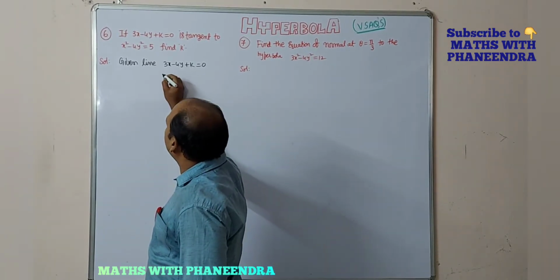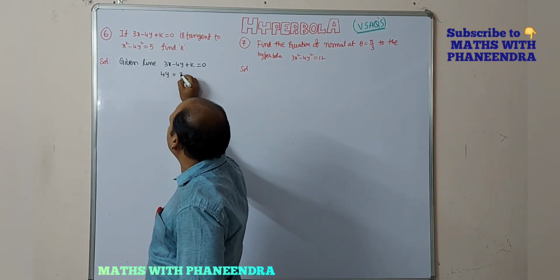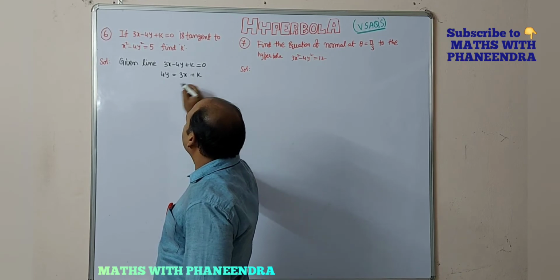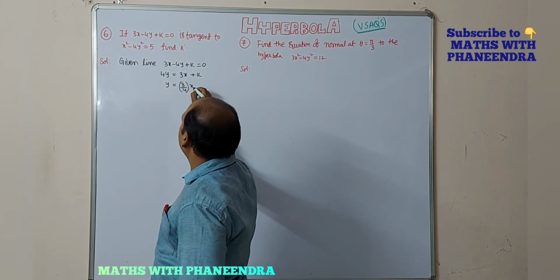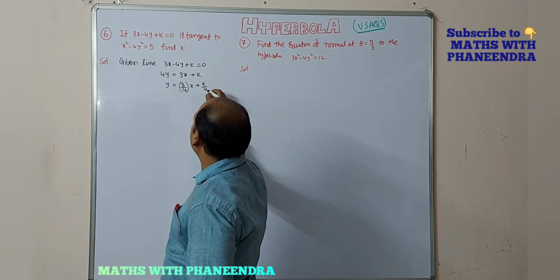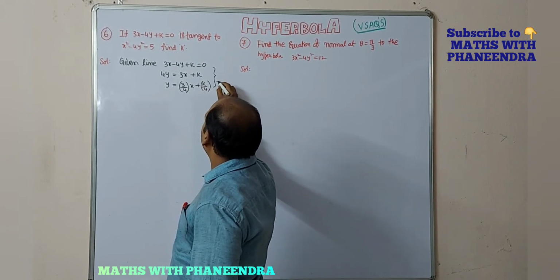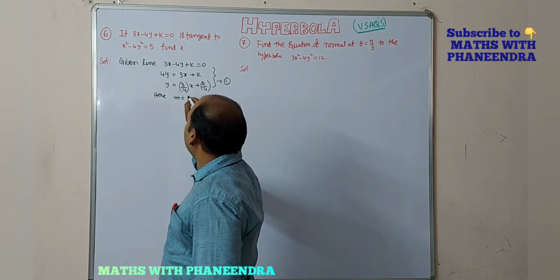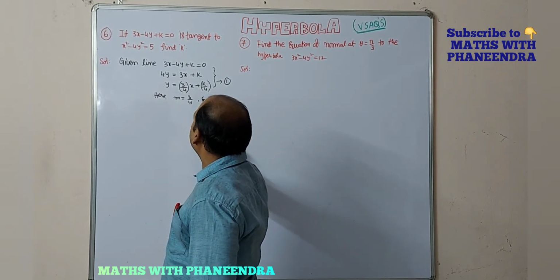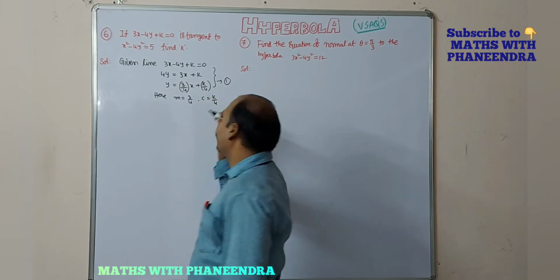So minus 4y we can take this side, plus 4y is equal to 3x plus k. So y is equal to 3 by 4 into x plus k by 4. Equation number 1. Here, m is equal to 3 by 4 and c is equal to k by 4.